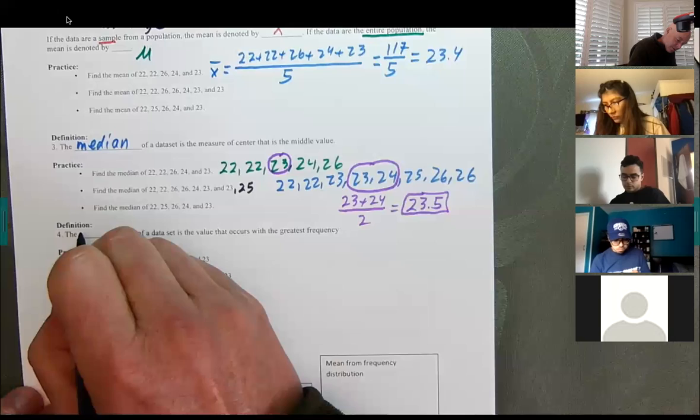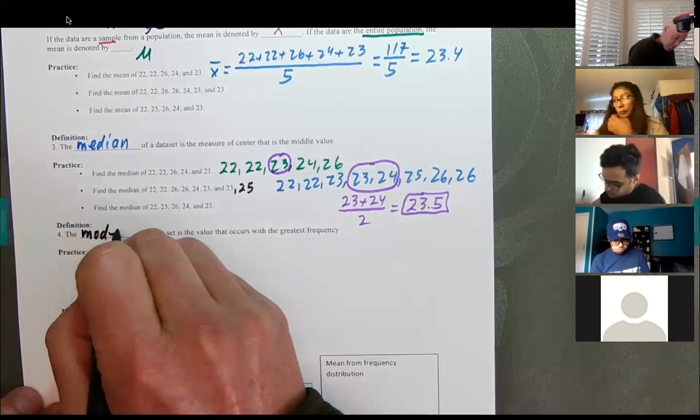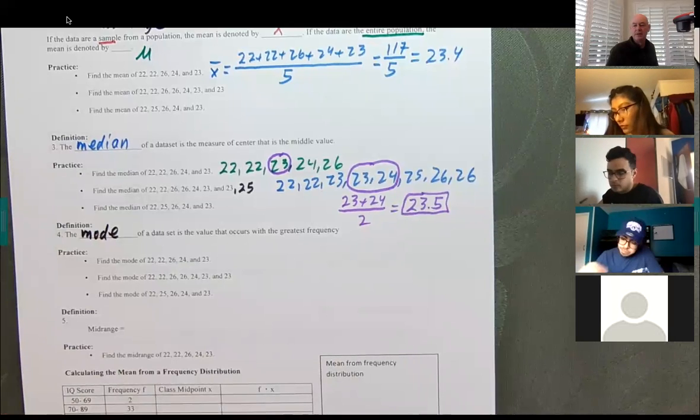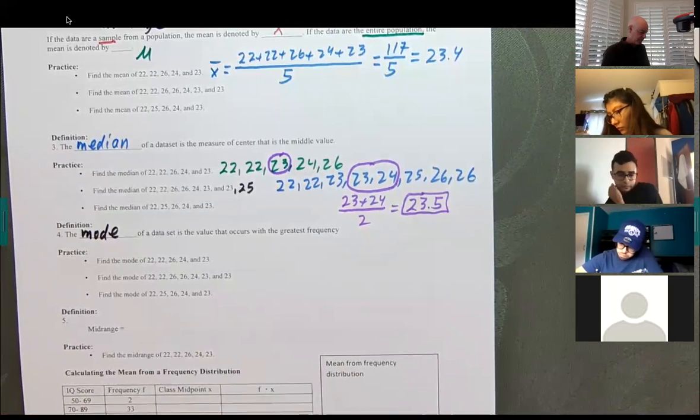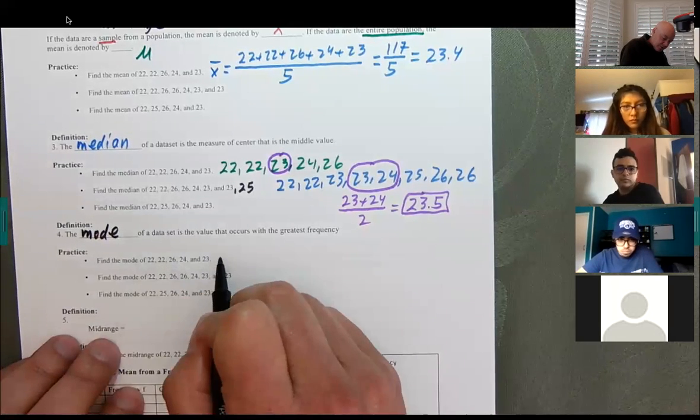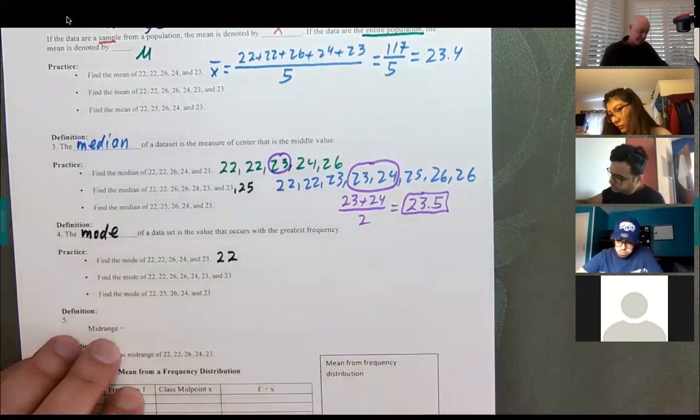Next up, we have the mode. The mode is the most frequently seen data value. In this case, 22 is repeated. So the mode in this case is 22.